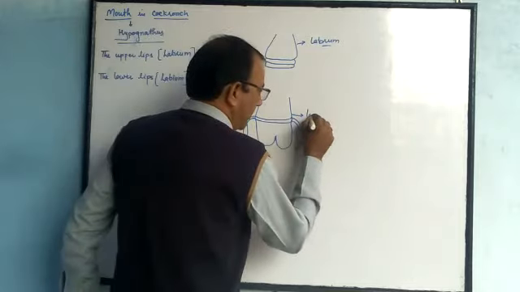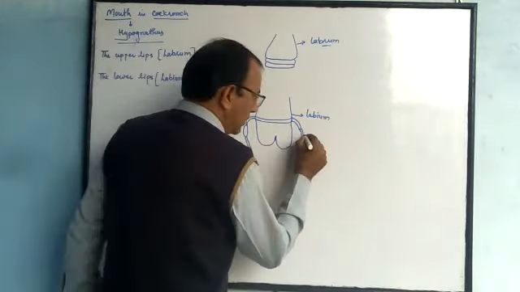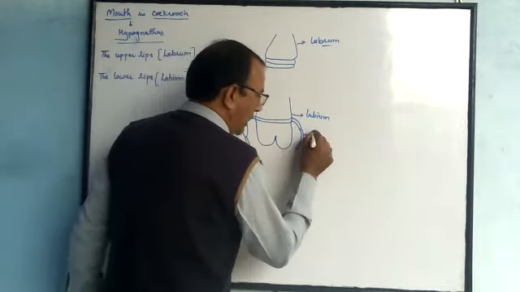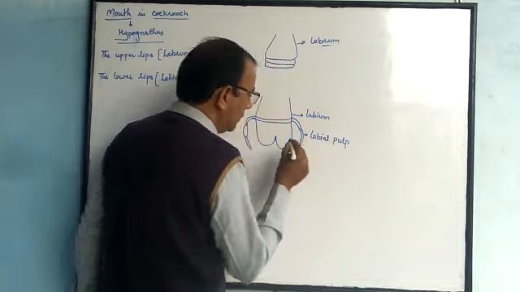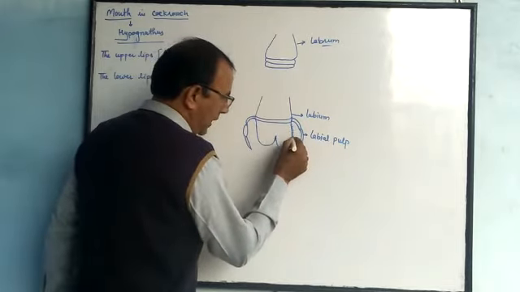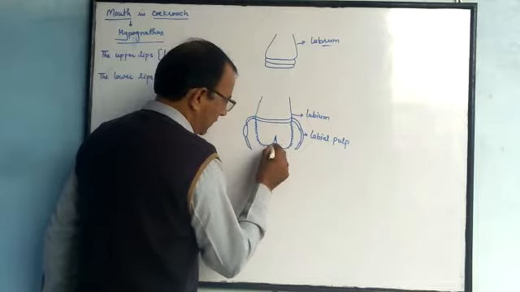This is the labium, and it also has some extended portions. These are known as labial palps, and they contain bristle-like, hair-like structures.